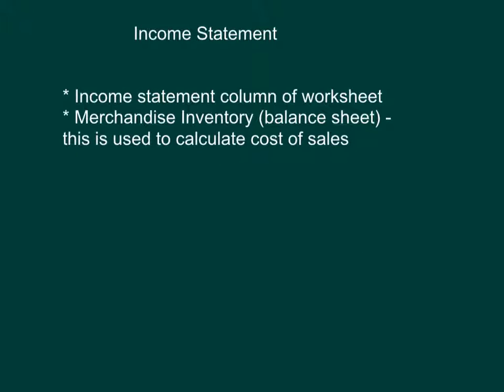When you're preparing your income statement, all of the information will be gathered from the income statement column of your worksheet. But in addition to that, you're also going to be using merchandise inventory, which is an asset, and it will be used in the calculation of cost of sales.